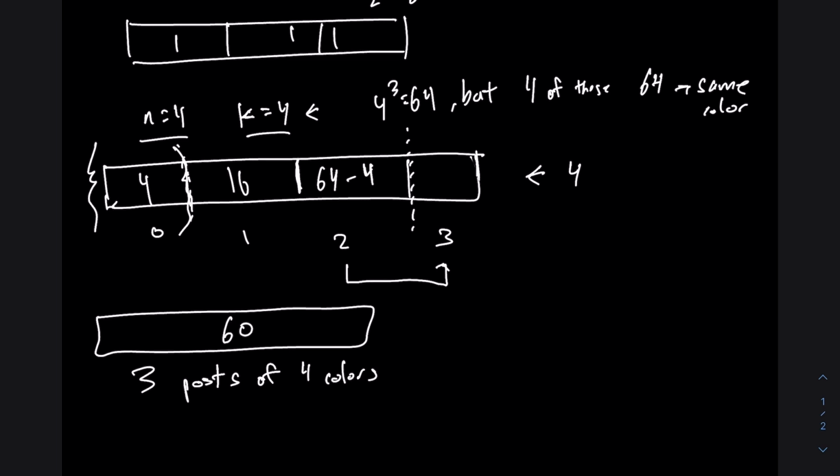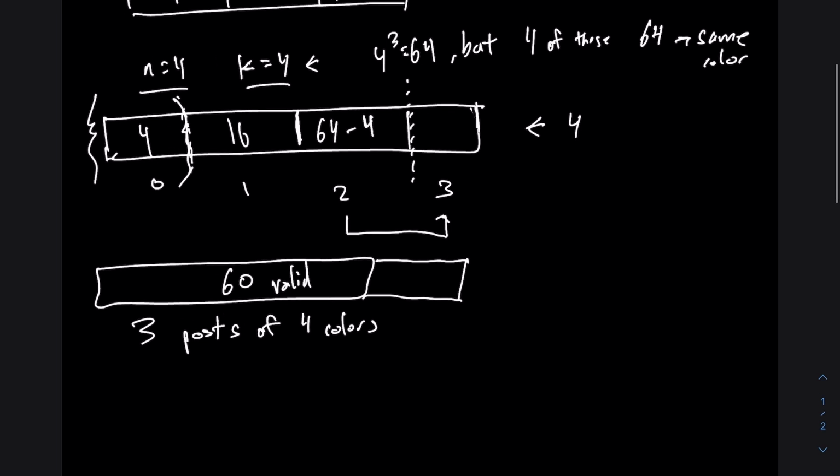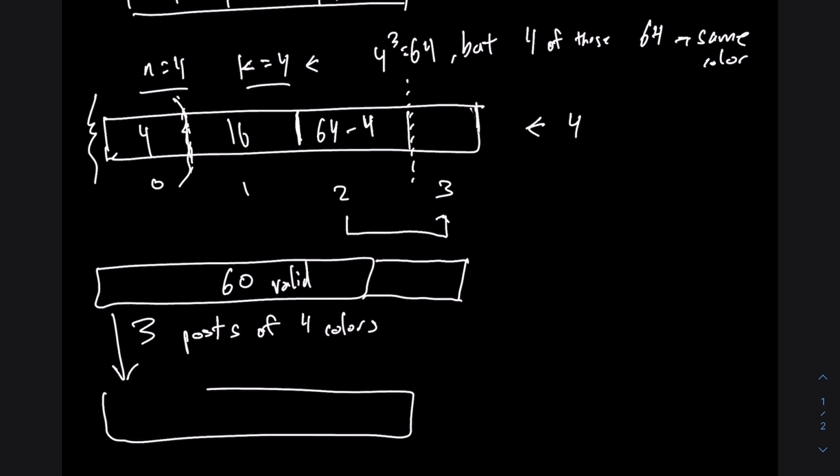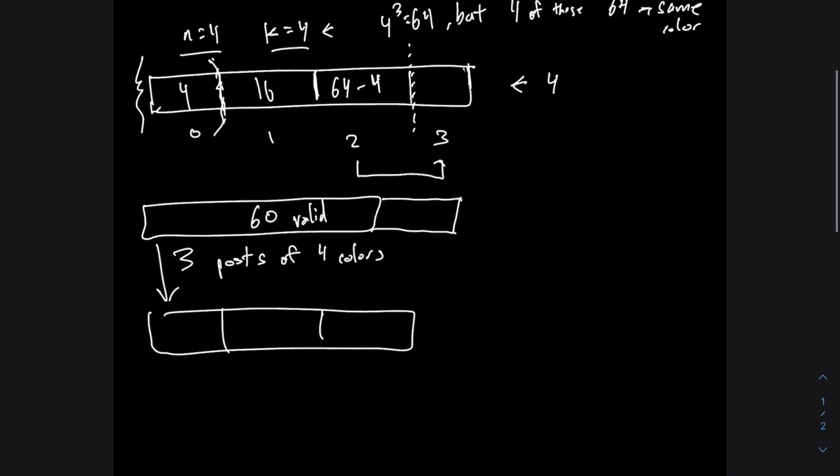There are 60 valid combinations, not just 60 combinations, 60 valid combinations. And based off of that, once again, we can't just multiply by 4, because of these 60 valid combinations, if we map this down here into these 3, there will be a certain amount of 2 length.